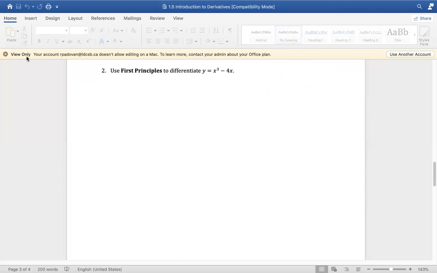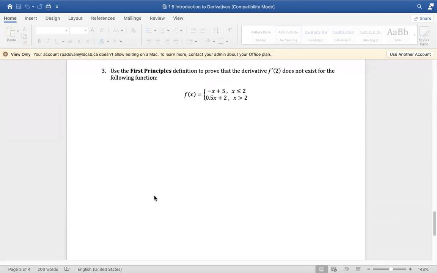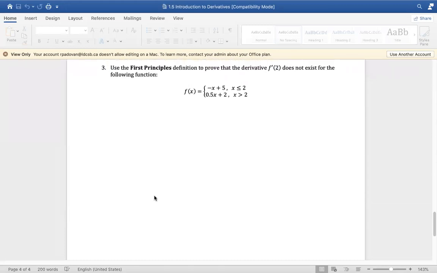Now the next question is asking us to use first principles to prove that when I get the derivative, f prime at 2, so at that point 2, when I'm subbing in an x value of 2, that derivative does not exist for this function, for these equations here, which is one function altogether, right?